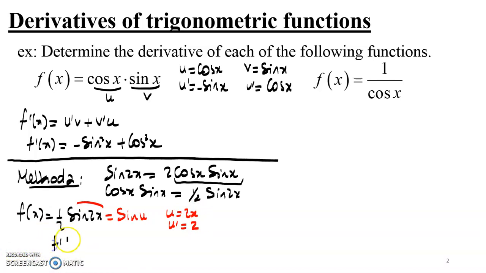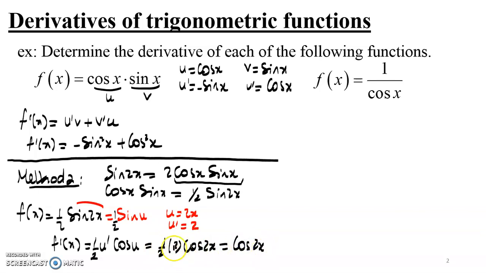So finding the derivative, the derivative of sine u is cosine u multiplied by the derivative of the expression inside, which in this case is 2. And we should not forget the half that we had here to begin with, because sine u is sine 2x, so I do have a half multiplying sine u. So over here it's half times 2 times cosine 2x, and half times 2 is 1, so that is cosine 2x.